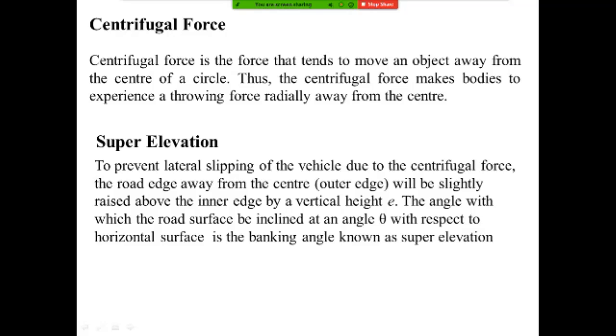Okay. Next, super elevation. You've seen this super elevation. Remember, when you cross a curve or move in a curve, the inner edge of the road is at the down side, and the outer edge will be made higher, right? The road is not flat in curves.